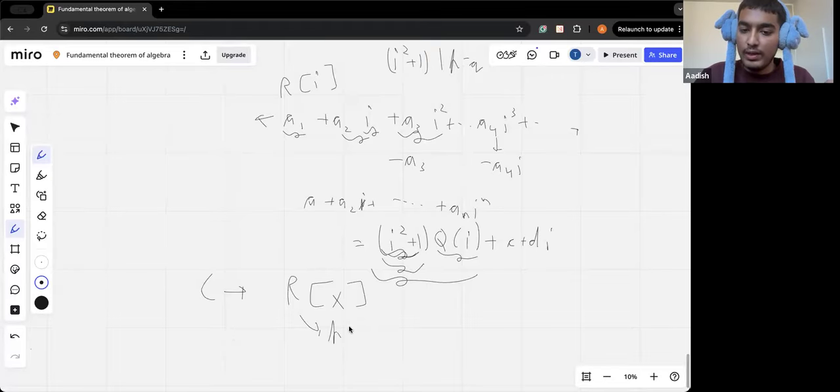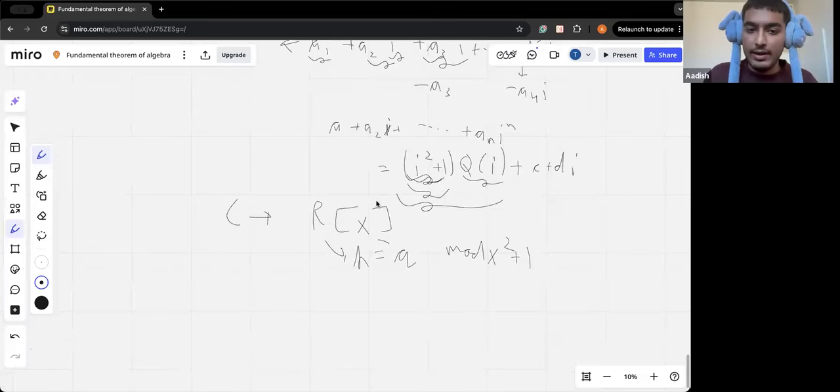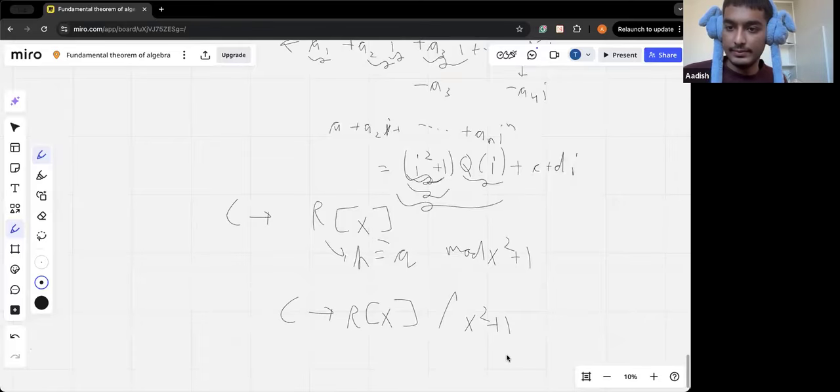We say two polynomials are the same if they give the same remainder on division by x square plus 1, if they are equal mod x square plus 1. So the complex numbers are R[x] with this additional restriction that we only care about remainders mod x square plus 1.